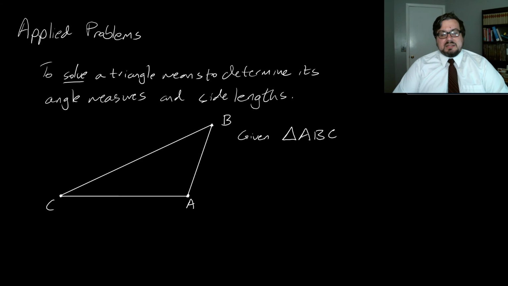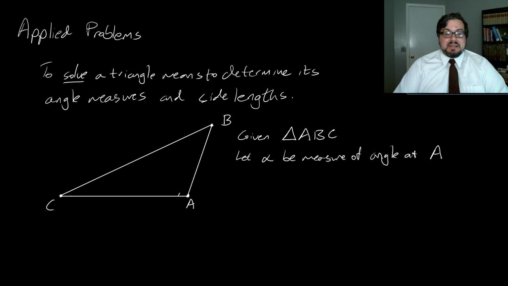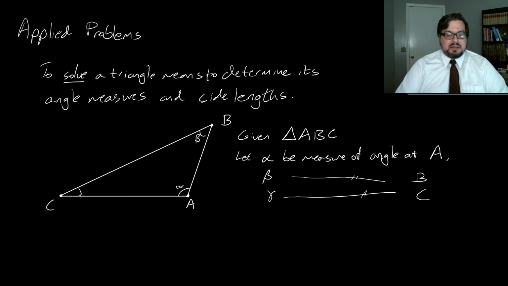So we say, let alpha be the measure of the angle at A. And this is the interior angle of the triangle, so it's somewhere between 0 and 180 degrees, or 0 and pi radians. And beta similarly for B, and gamma similarly for C. So that's beta, and that's gamma.